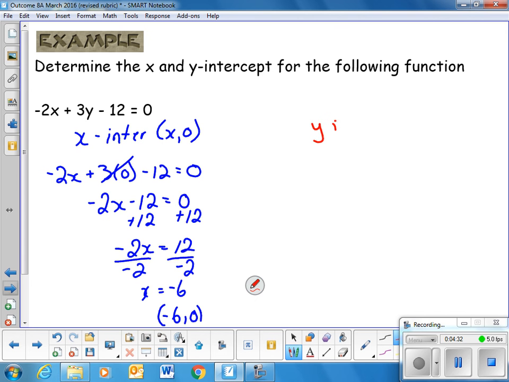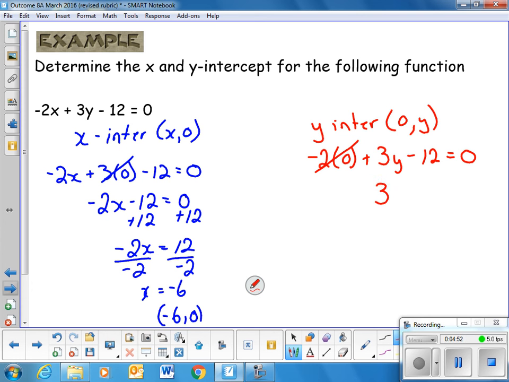The y-intercept is going to be 0 and y. So this time we're putting 0 in for x. So negative 2 times 0 plus 3y minus 12 equals 0. Negative 2 times 0 is 0. So we now have 3y subtract 12 equals 0.